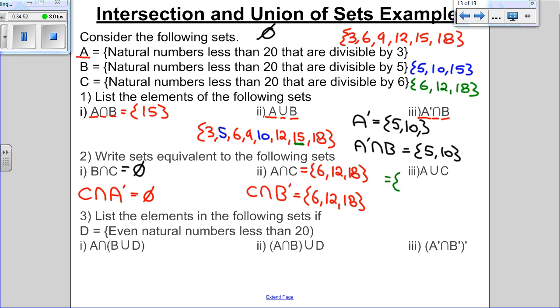Those are the things in A or C. What's an equivalent group to that? What are the things in A? That would work. This happens to be the exact same set as set A. You would just write set A.